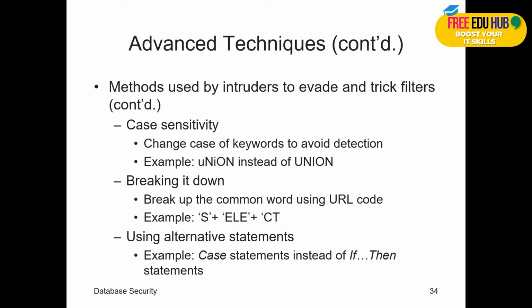Case sensitivity, for example, instead of writing union: most of the applications are case sensitive, so if it's written in lowercase as union on the address bar, maybe it would be filtered. So they change the way they write it, by mixing uppercase and lowercase, so that it's not automatically detected by the systems.